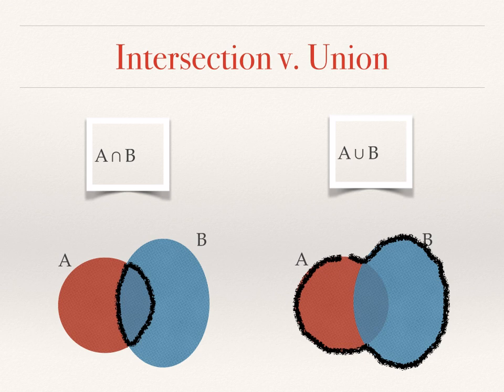The intersection is referred to by using this upside down U, whereas union is referred to by using a big U. And in terms of their meaning, the intersection between sets A and B picks out the elements that are in common to A and B, whereas the union between A and B picks out all the elements that are in A or B, not just the elements that are in common. You can see from the picture that the union and the intersection are different, and you shouldn't confuse the two of them.